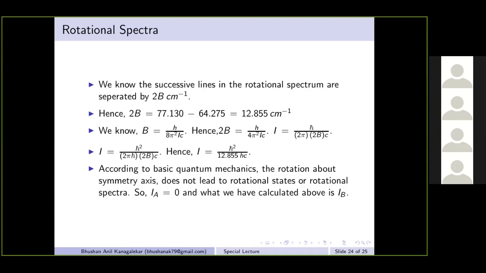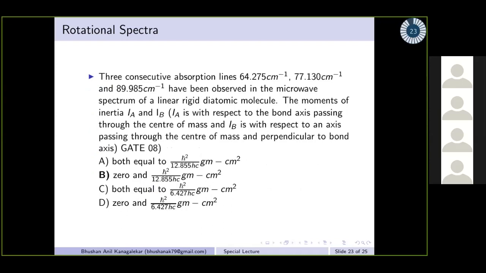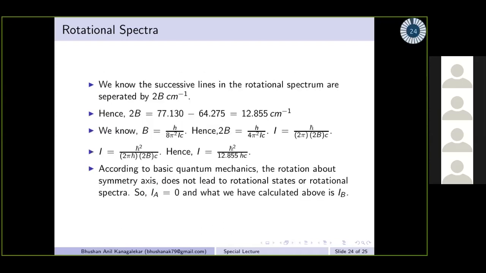You will be stuck, and it will be time consuming, so do it with a full mind. So 2B is equal to h divided by 4 pi square IC, so I is equal to h by 4 pi square into 2B.